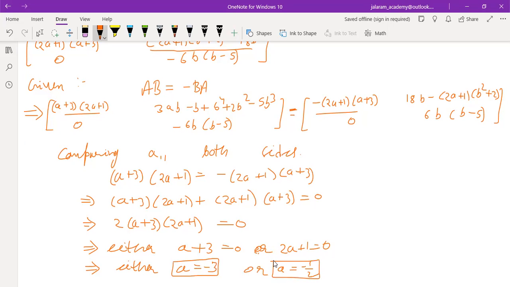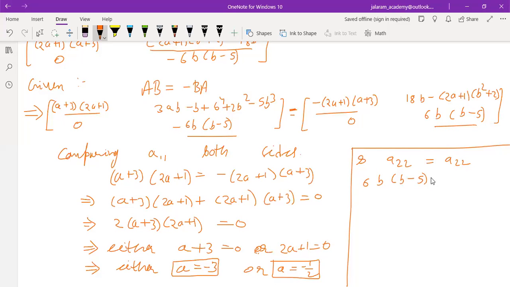And we have to find the value of A as well as the value of B. And it can easily be obtained if we use the element of second row, second column. Element of second row, second column is compared with element of second row, second column. They are also the same. So it will also give 6B into B minus 5 equals to 0.